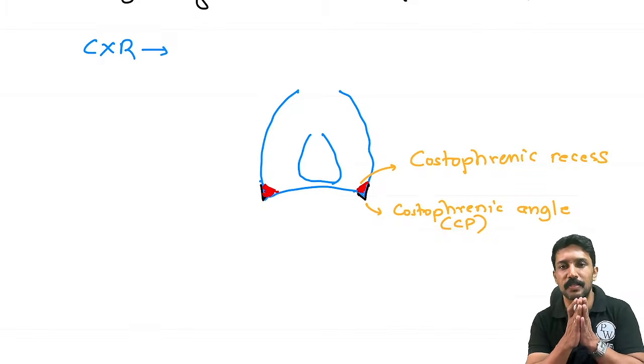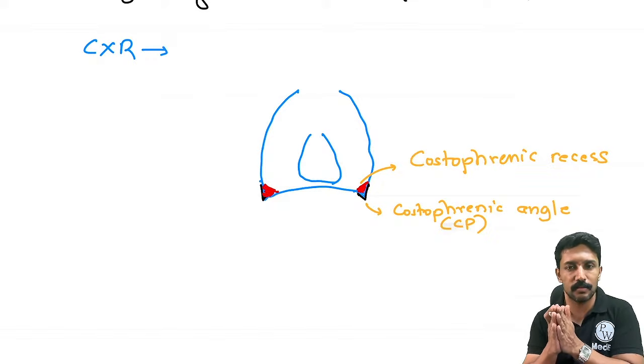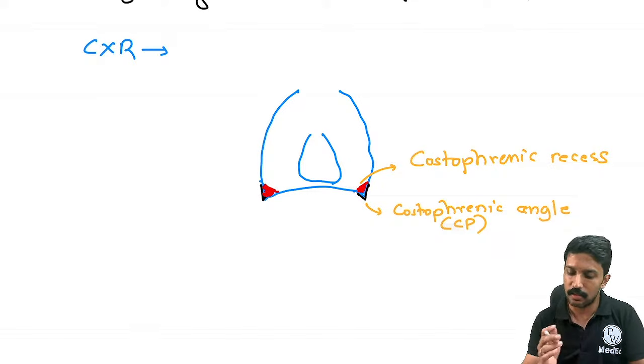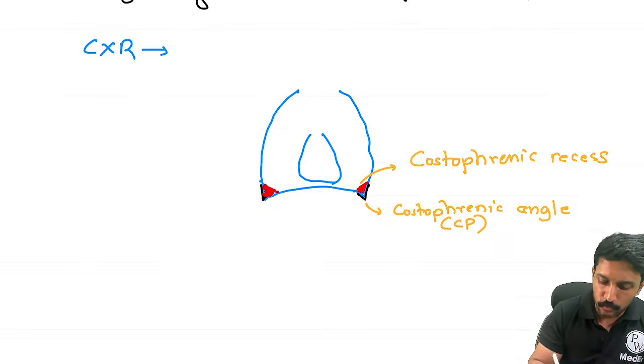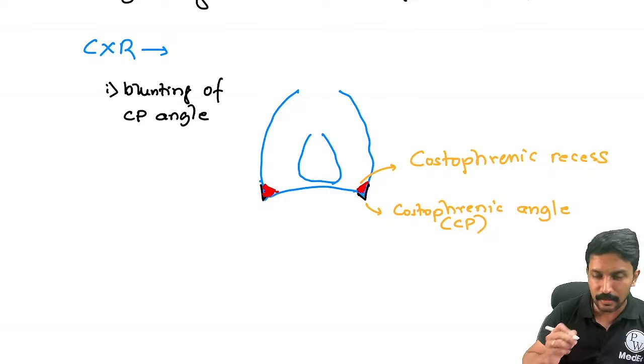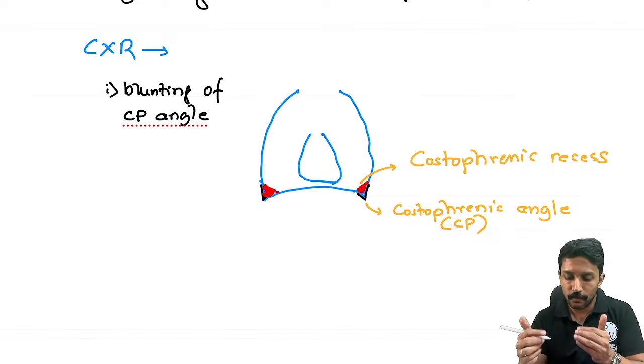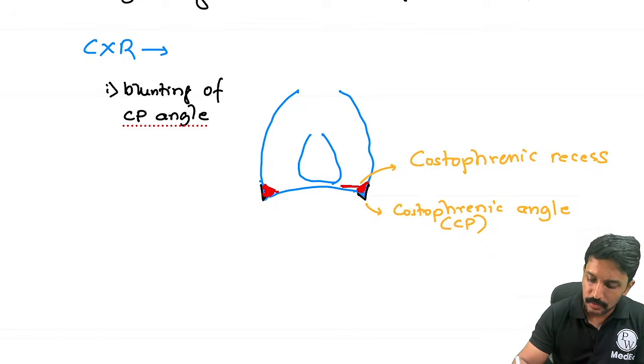So blunting of the CP angle is the earliest finding on chest X-ray. So one thing we are getting is blunting of the costophrenic angle.